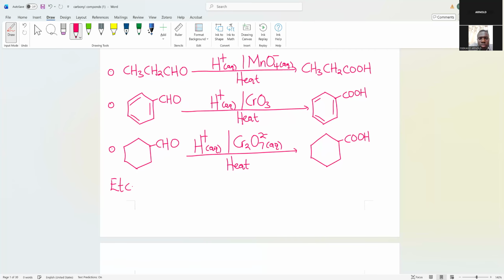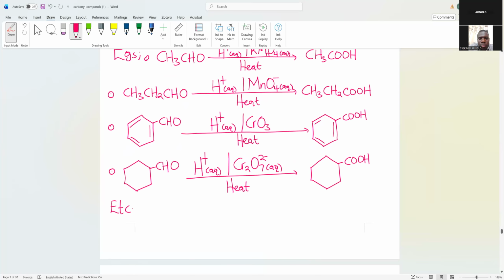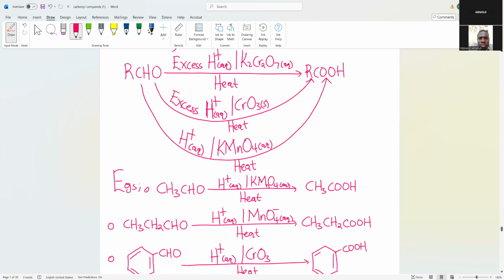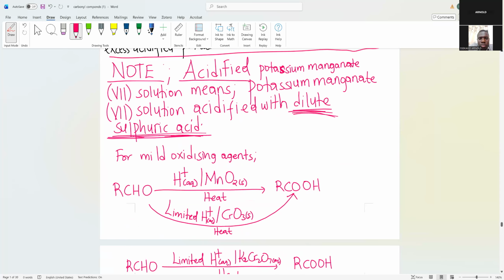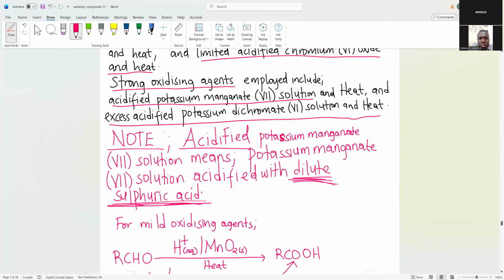Don't forget that I have emphasized two strong oxidizing agents: potassium manganate 7 solution acidified with dilute sulfuric acid, and potassium dichromate 6 solution acidified with dilute sulfuric acid.